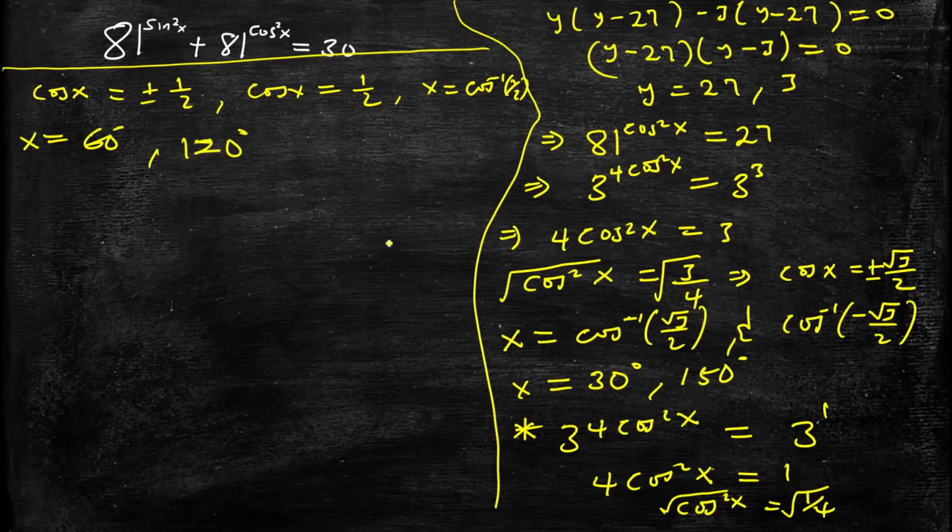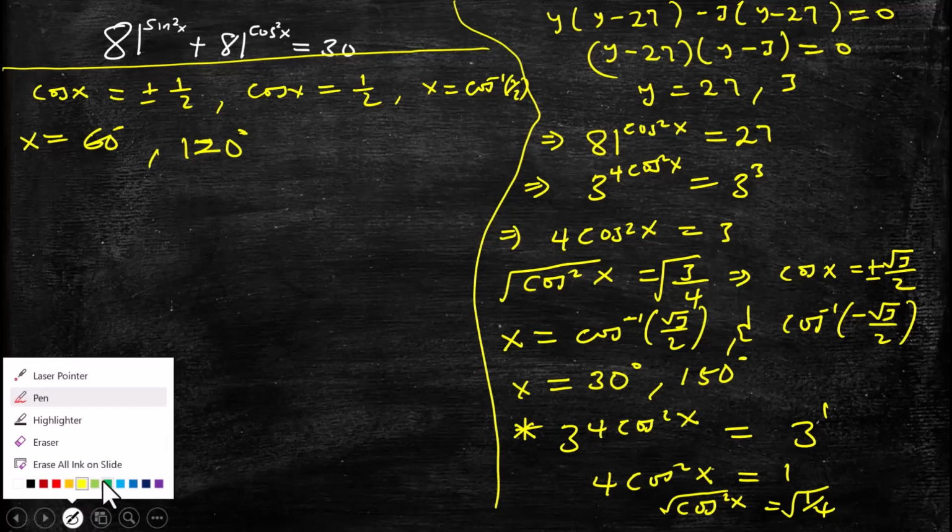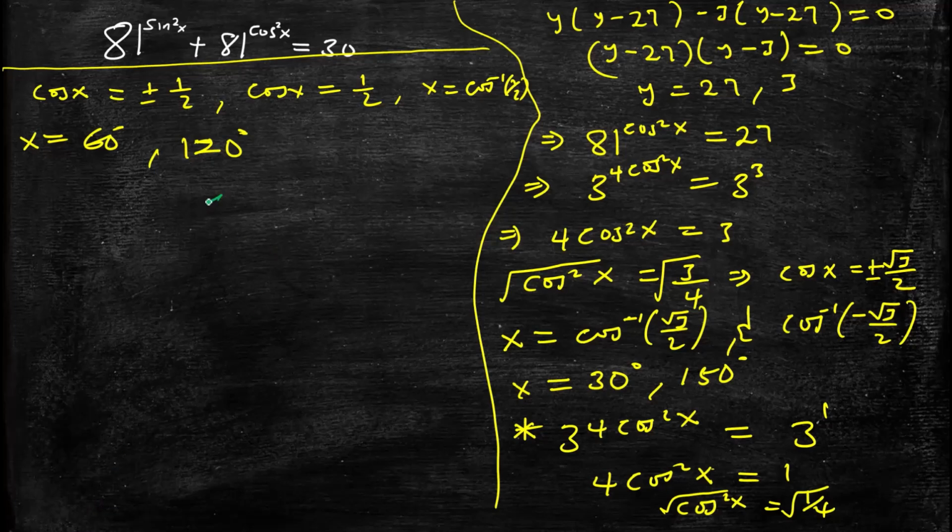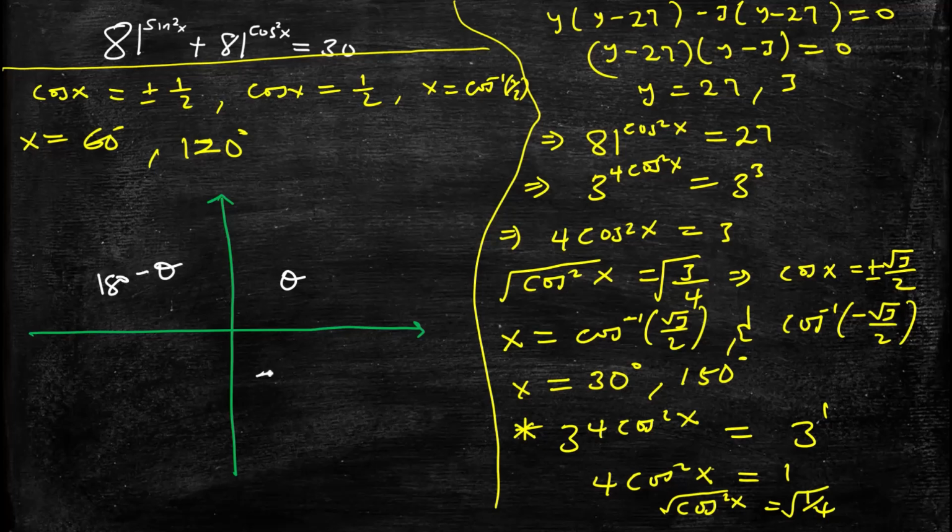Okay, so let's find the other solutions. Let's draw a quadrant. We want to find all the solutions. So we have the first quadrant theta, 180 minus theta, 180 plus theta, 360 minus theta. Don't forget CAST.